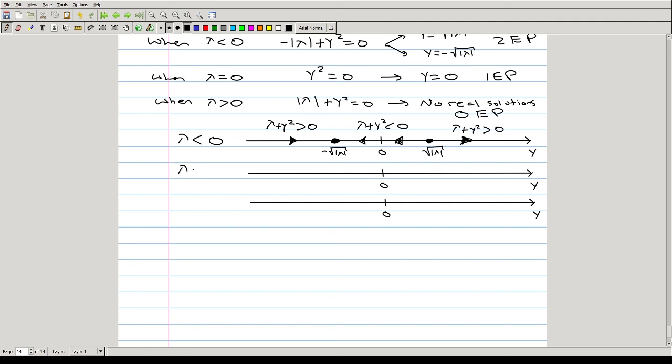In the case of lambda equals 0, we have one critical point, one equilibrium point where y equals 0. In this region, y squared is positive, and in this region, y squared is also positive.